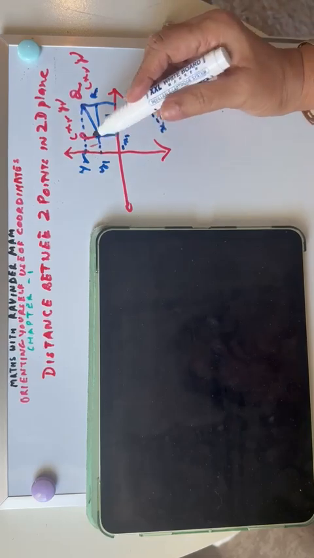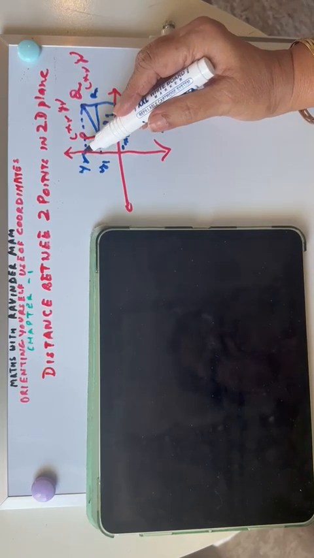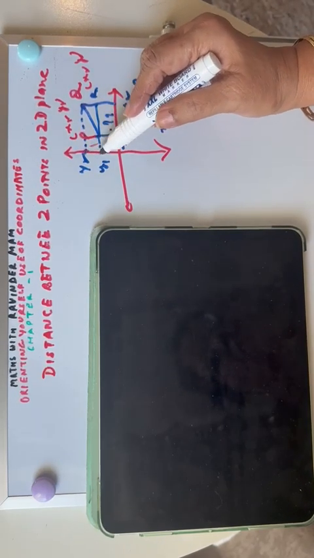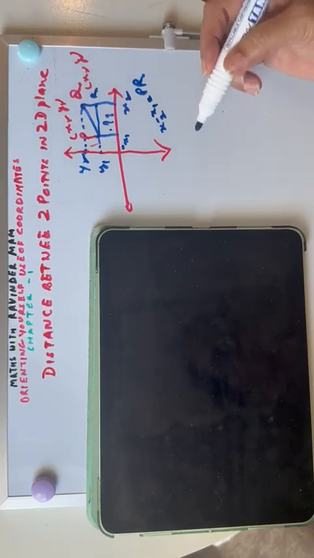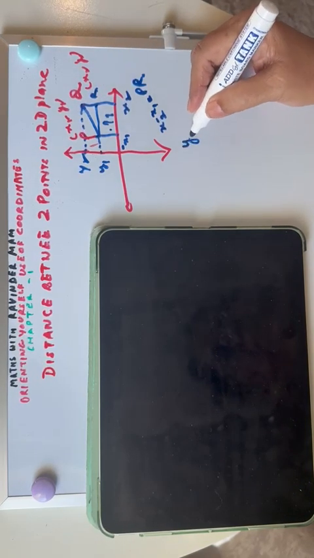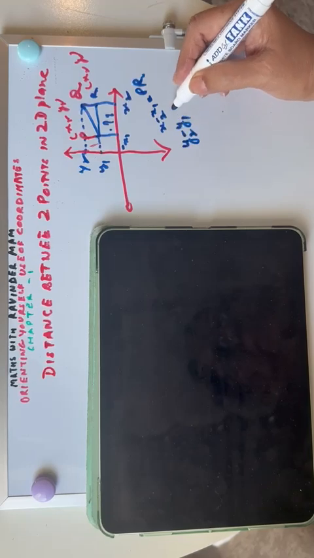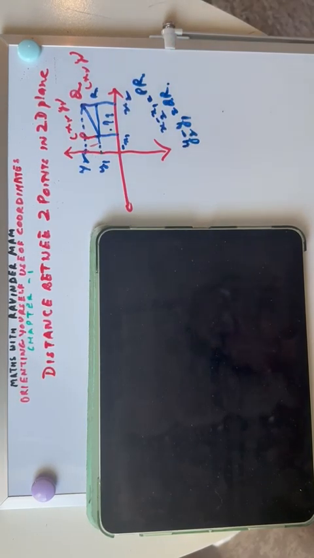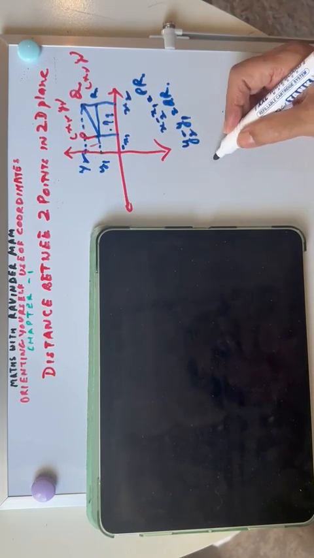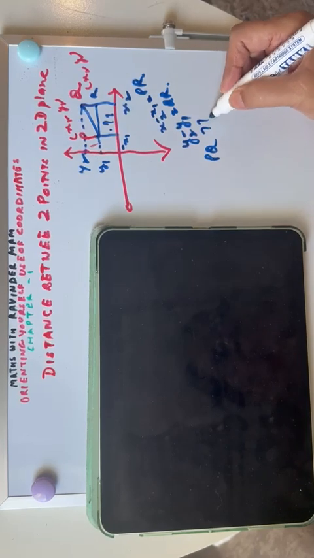And this is the whole y2, this is y1. So distance QR, y2 minus y1, is equal to QR. But our question is to find PQ. This we have to find.